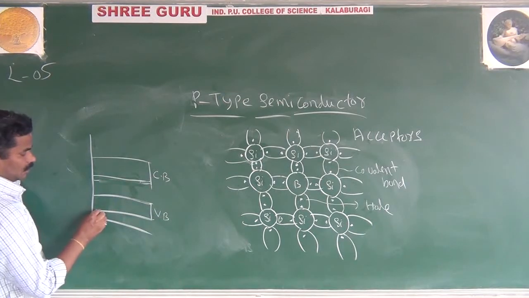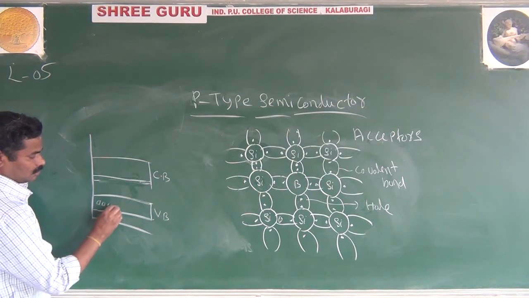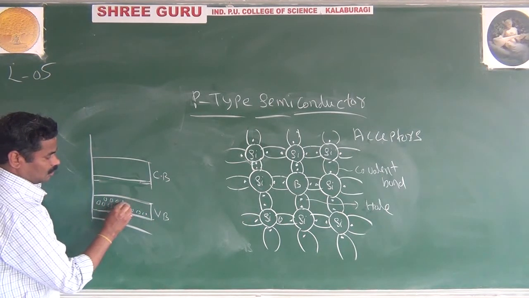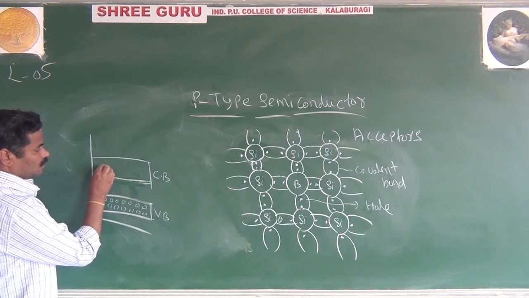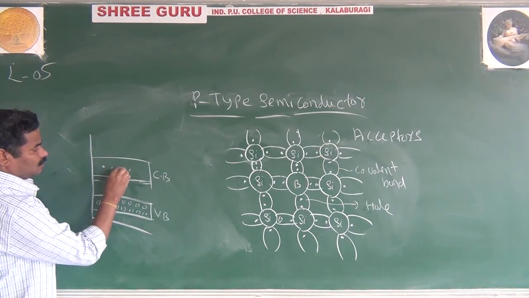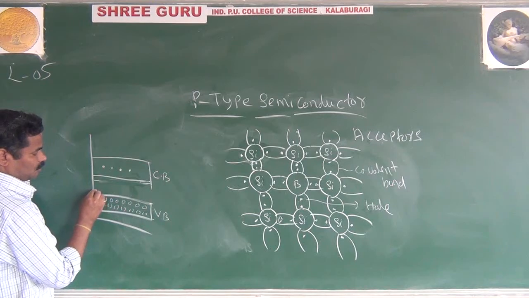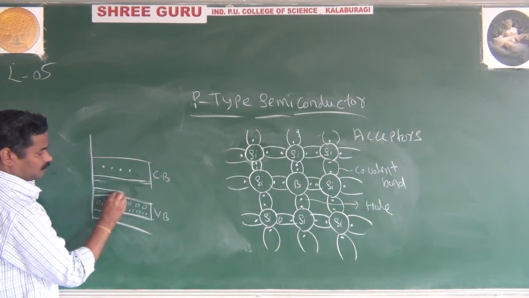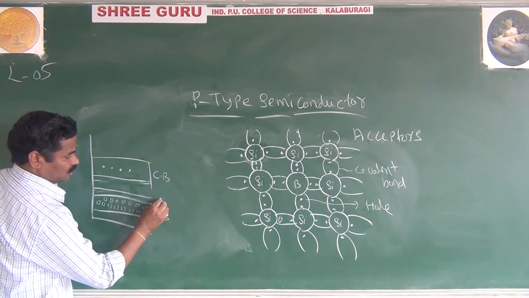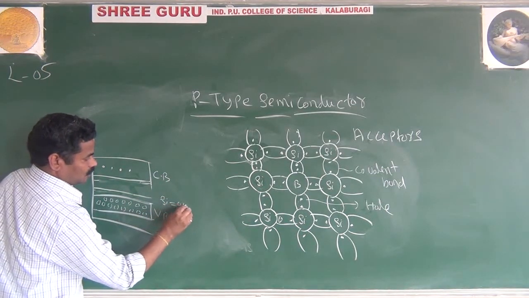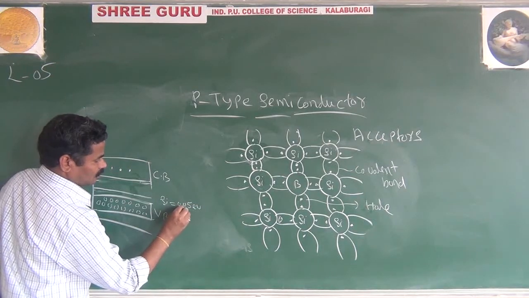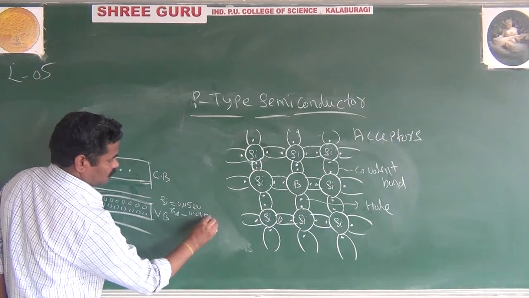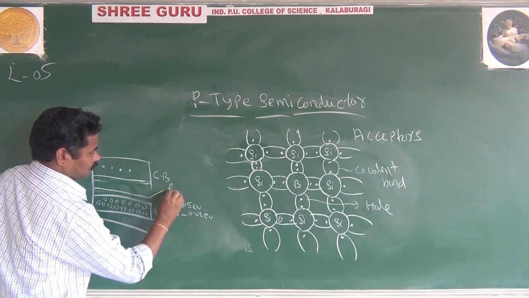The important thing here is that there are more holes, and only a small number of electrons are there in the conduction band. And this is your Fermi level, the Fermi energy level. I said for silicon it is 0.05 electron volt, and for germanium it is 0.01 electron volt. It is your Fermi level.